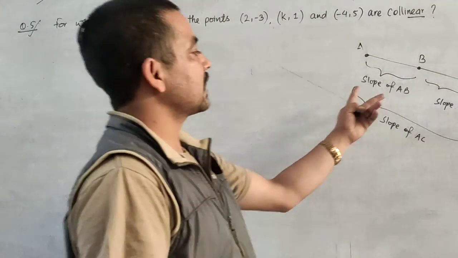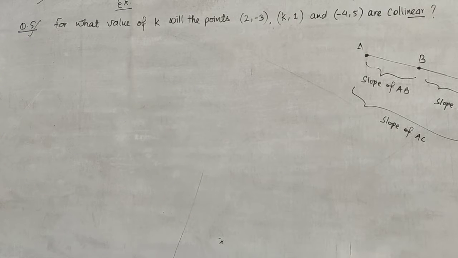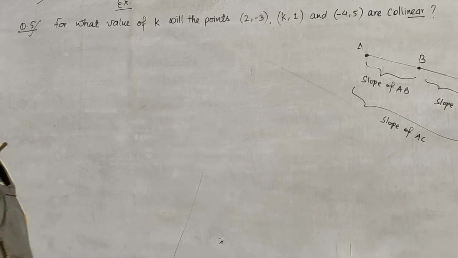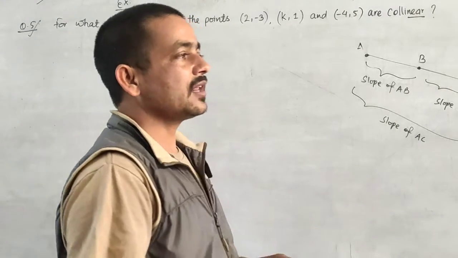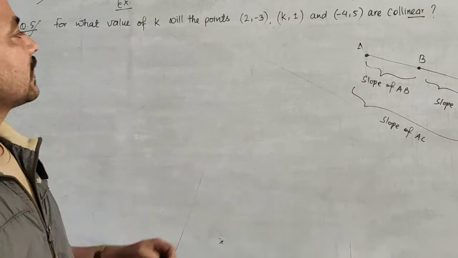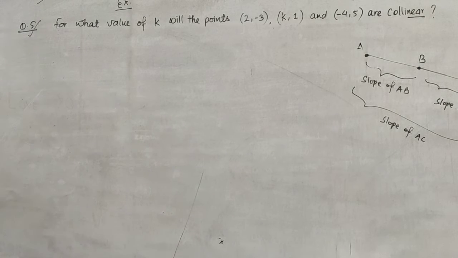Any two we can use, though this question can also be done by using the distance formula or the area of triangle. There are many ways, but here the simple way to get the value of k is by using slope. Slope method is a very easy way.